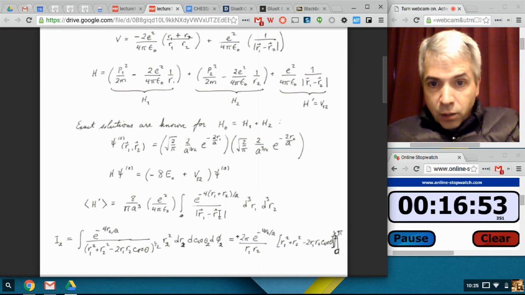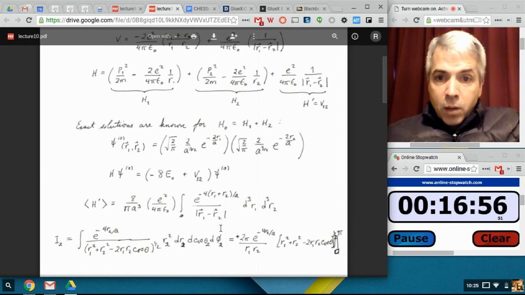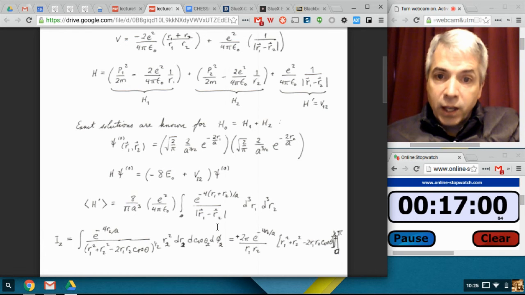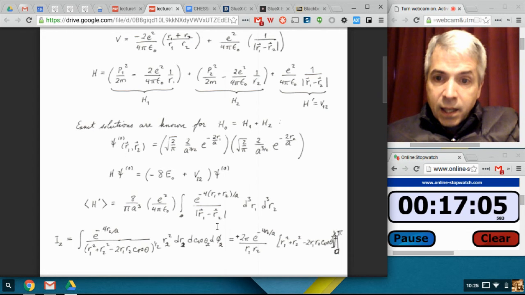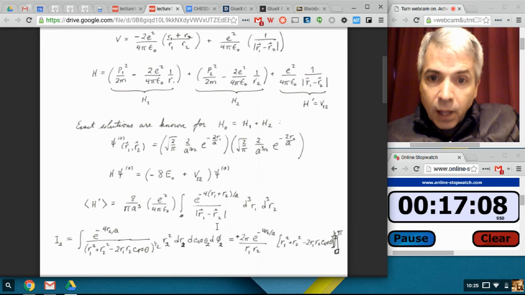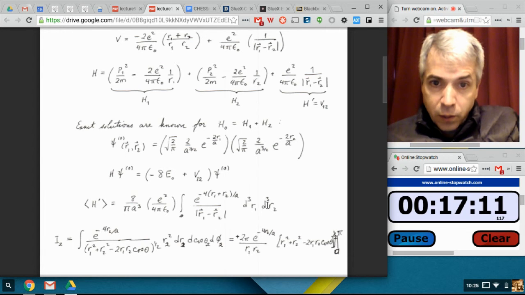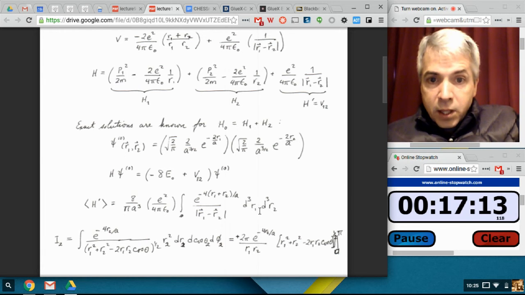You convert this R1 minus R2 into the square root of the distance between two vectors. And I'm going to adopt the z-axis to be along one of them. And I'm going to do the R2 integral first, which means that R1, while I'm doing the R2 integral, I'm going to leave R1 fixed.